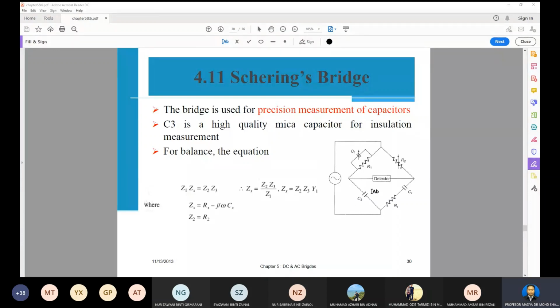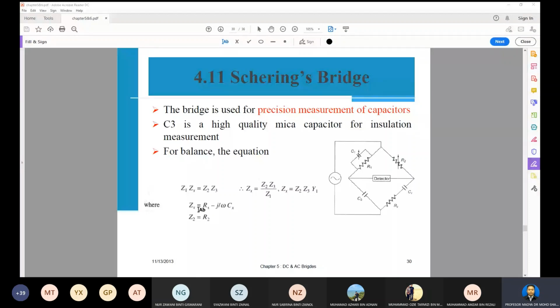But the same standard applies: we have to base it on the balance equation. Z1 multiplied by Zx equals Z2 multiplied by Z3, and then we want to find Zx. Then we can get every impedance.